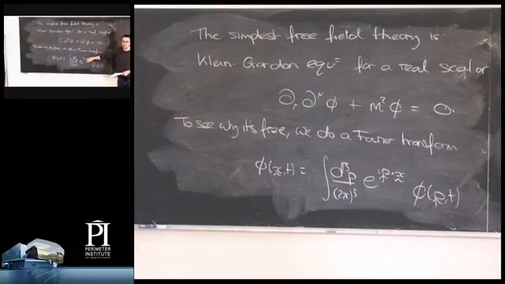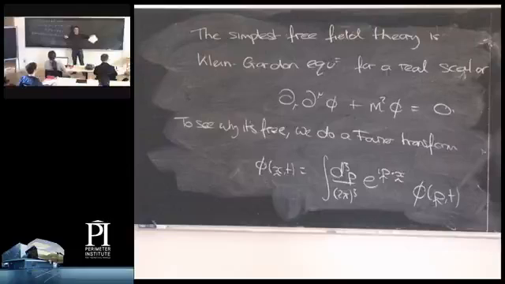Is this defining phi of p? Yeah, if you like. But you see, p is a dummy variable. I could have called it p, I could have called it q, I could have called it anything. It's just integrated over. So it's just some decomposition of the field. That's the best way to think about it. What it's really doing is what a Fourier transform always does.